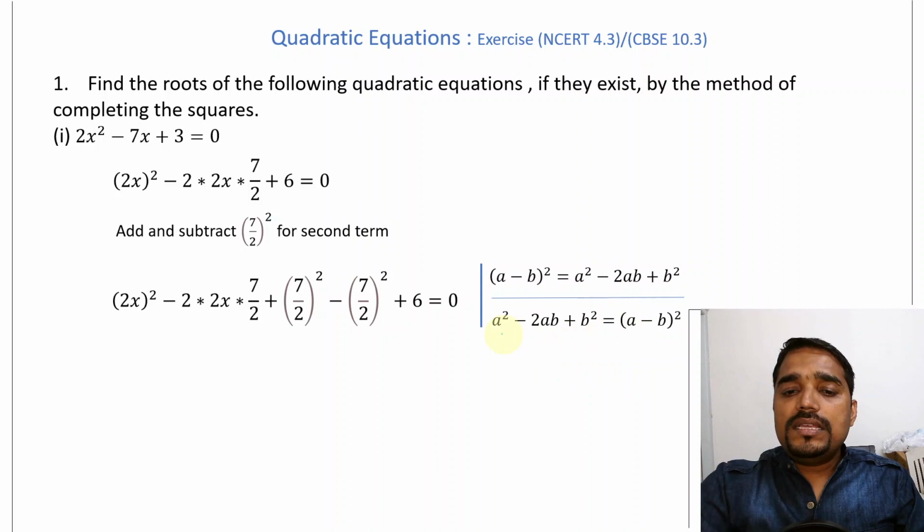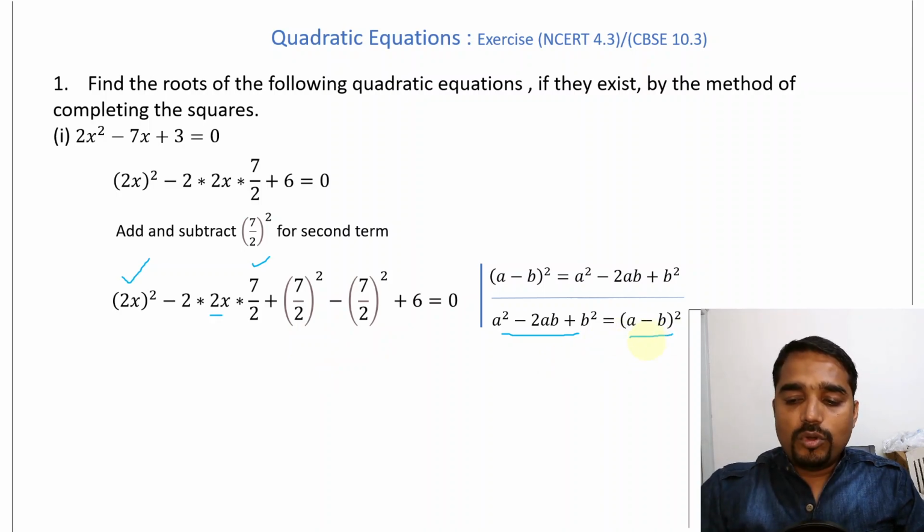Now these three terms in the formula look like the three terms here, that is a square minus 2 into a into b plus b square.